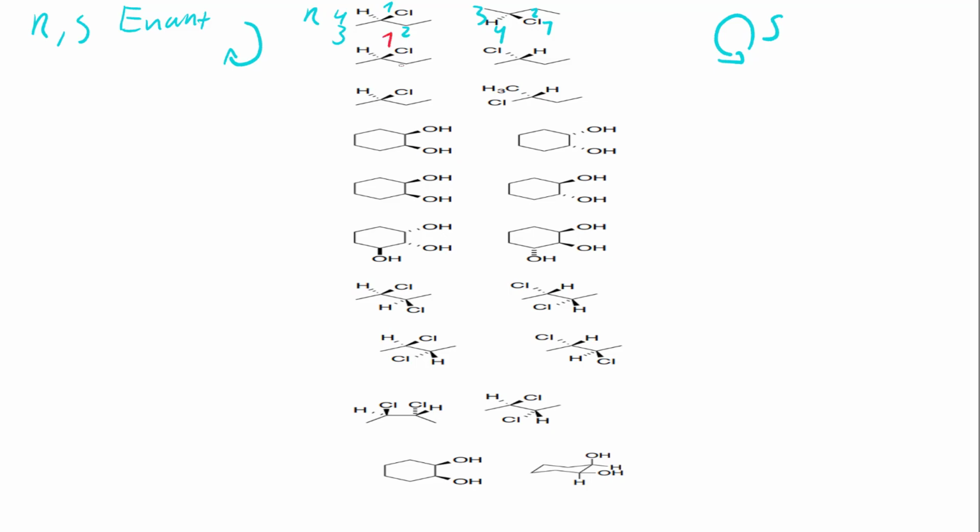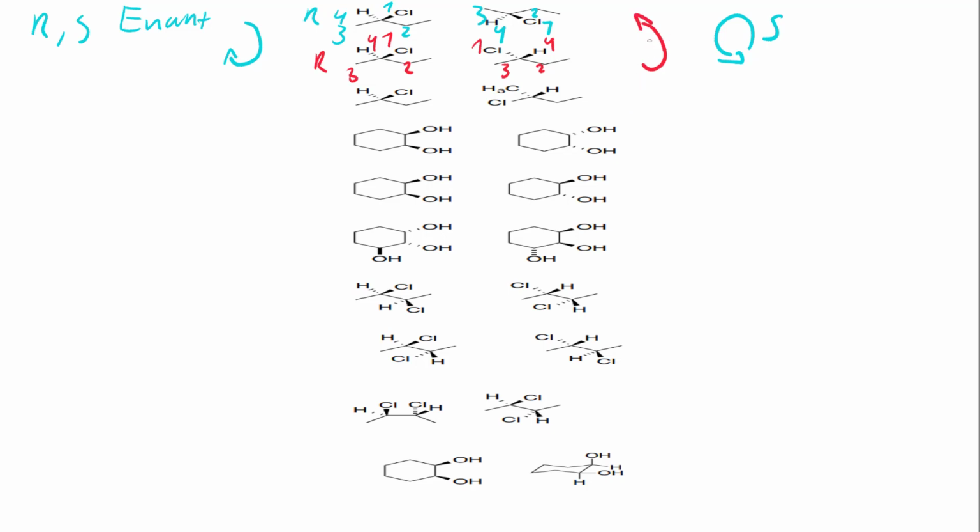This is number 1, 2, 3, and 4. That's going to be an R configuration, same as above. Then we have a chlorine in the back, 2, 3, and 4. Let's see, 1, 2, 3. That's an R, but the hydrogen is in the front, so I'm going to have to reverse what I did. That's simple. Just put your arrowhead right there.